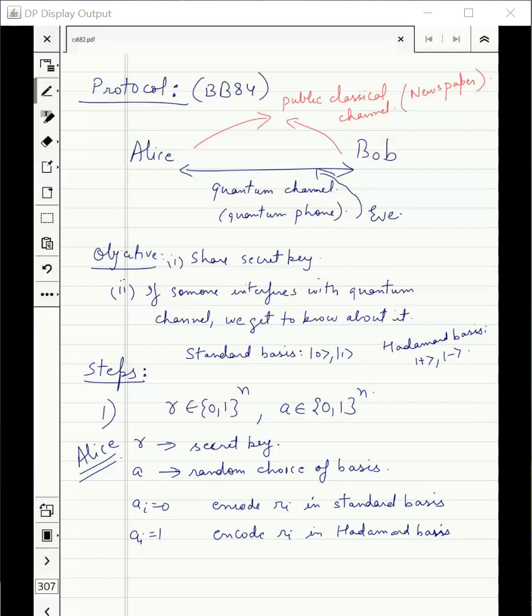That was done by Bennett in '92, the one which I asked in the midsem. This one is slightly different. This was made by Bennett and Brassard in '84. But you are right that there also the objective was very simple. You will see how this is different.